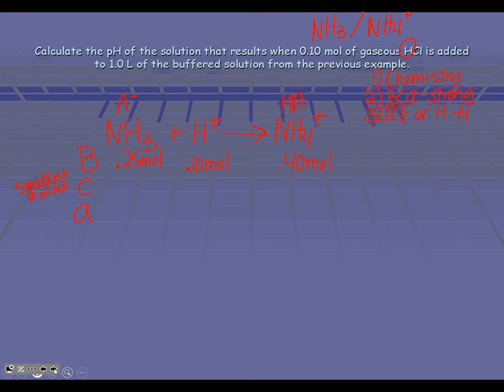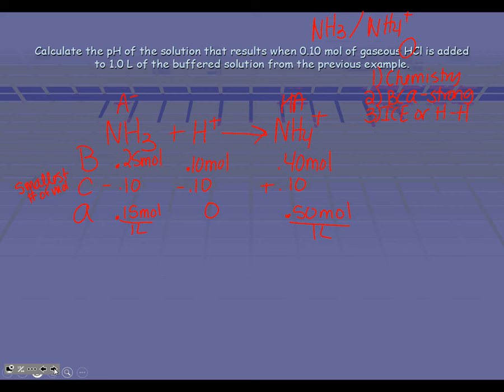So in this case, it's our 0.1, so we're minus 0.1, minus 0.1, plus 0.1. This gives us 0.15 moles, 0, and 0.50 moles of our final component. These are in 1 liter, so our moles automatically become our molarity.